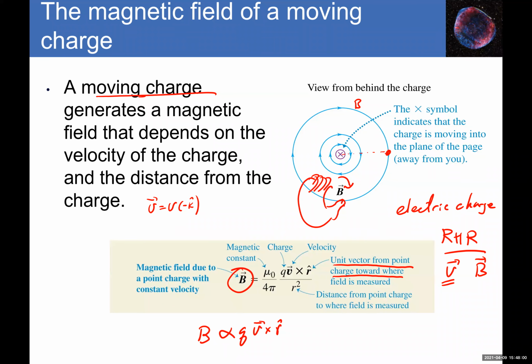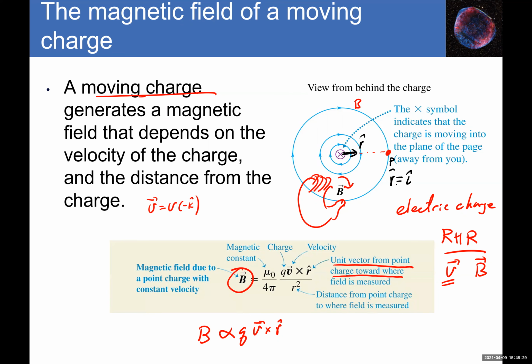That means this r hat will be right there, that unit vector over there. So the unit vector from the point charge toward where the field is measured, because I'm measuring the field at that point P. Most of the time, I can replace r hat with i hat because it's pointing to the right in a horizontal direction.